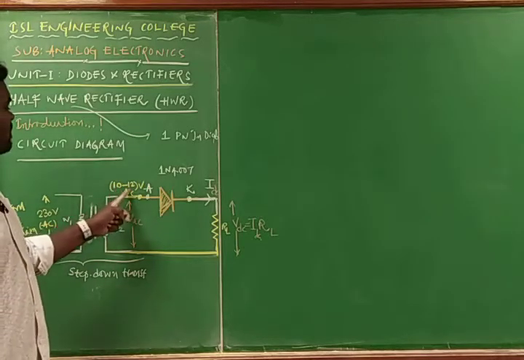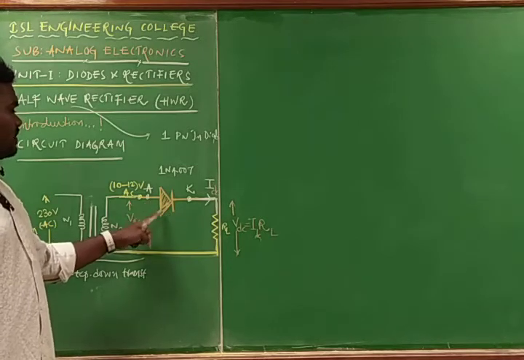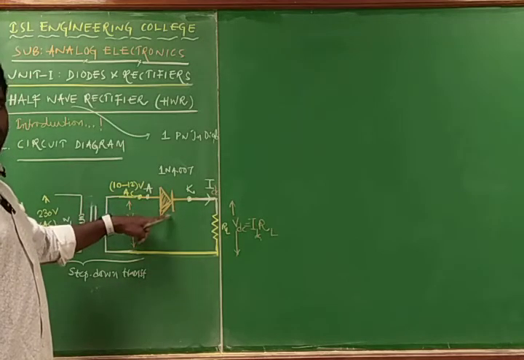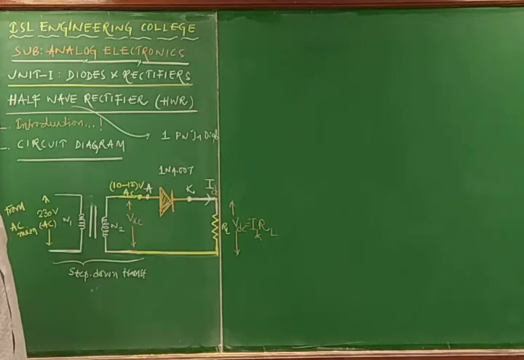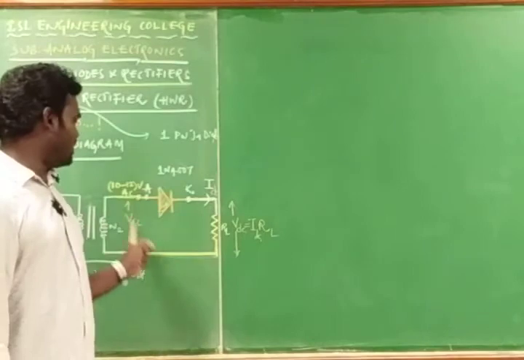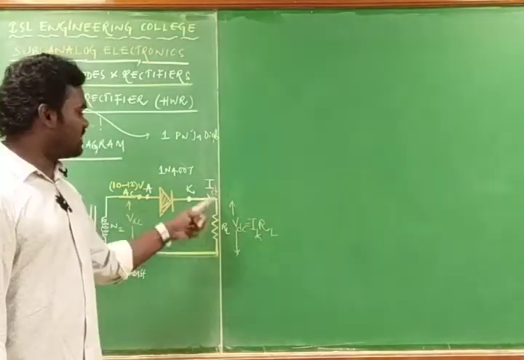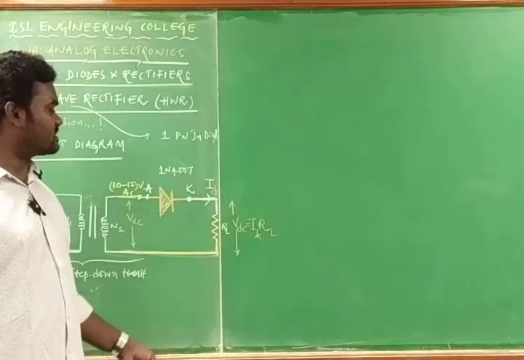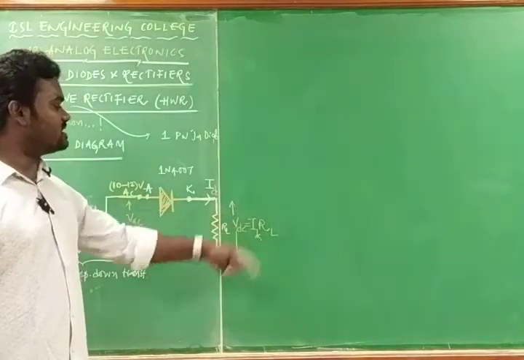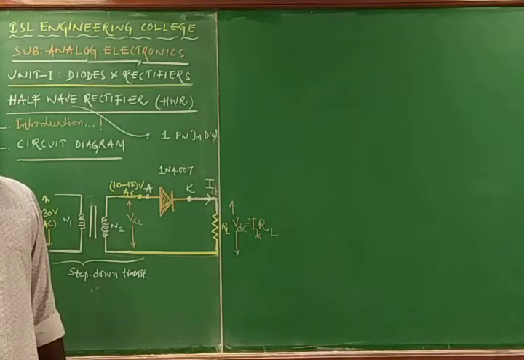Now this 10 to 12 volts of AC is connected as input for the diode, such that the diode can operate in forward bias and reverse bias. In forward bias it can conduct the current, and that current we assume is DC, but we have applied the input as a voltage and we want to get the output as a voltage, so we connect one series resistance such that we can get VDC equals IDC into RL. This is the circuit diagram you must explain.